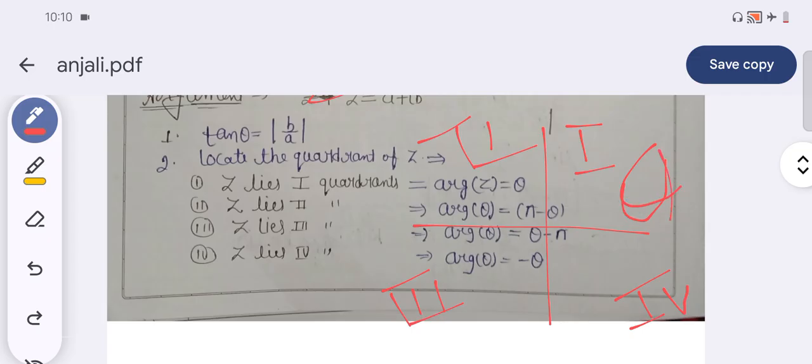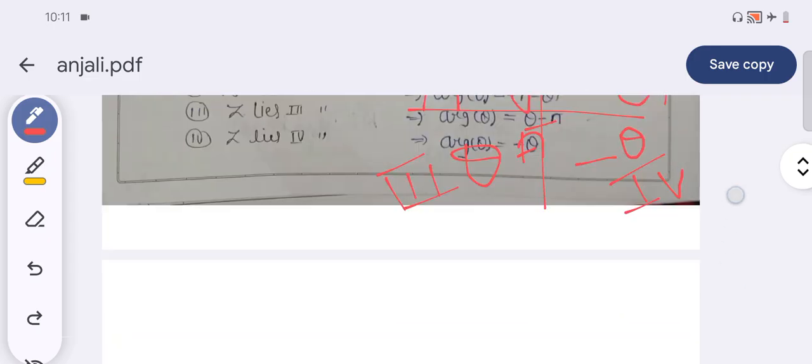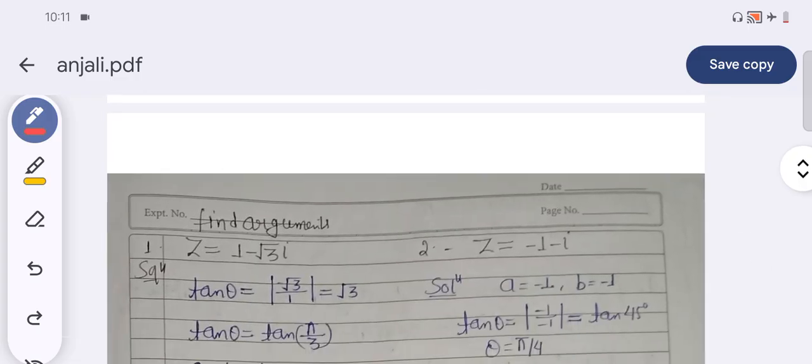In the second quadrant, it is pi minus theta. In the third quadrant, it is theta minus pi, and in the fourth quadrant, it is minus theta. It is clear. When we solve some examples, you can easily understand.